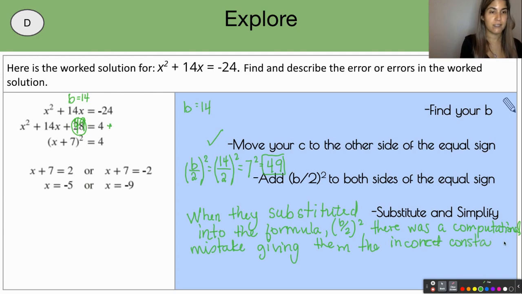So using my steps, I was able to find my mistake, find the error, and use the words in my steps to explain and describe what the error was. Okay? So let's look at another example.